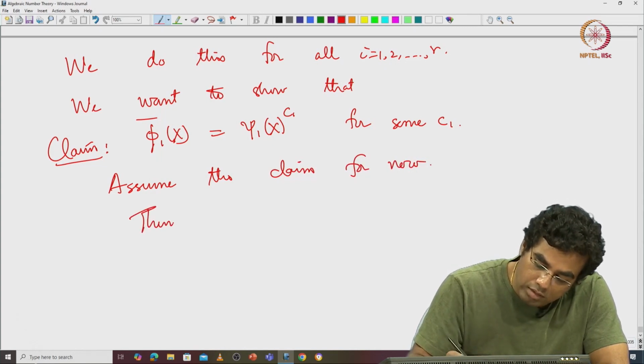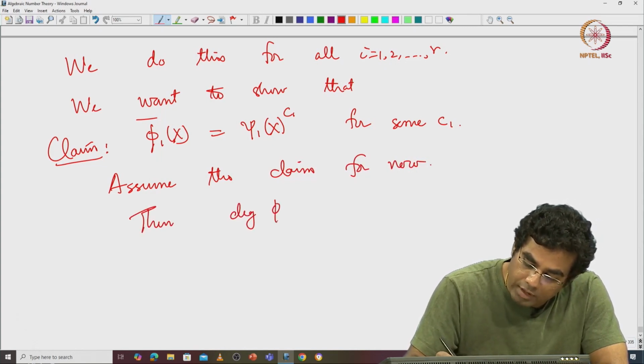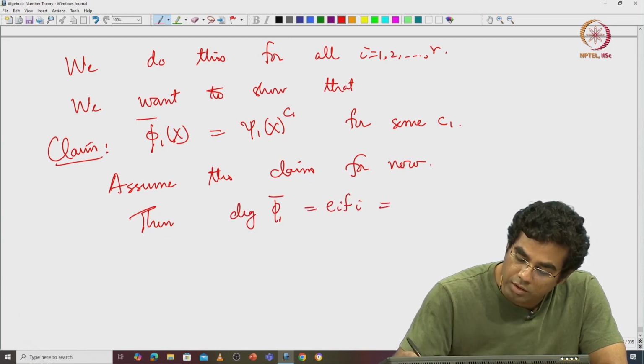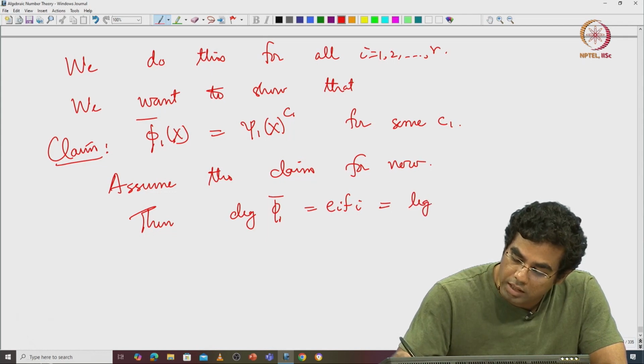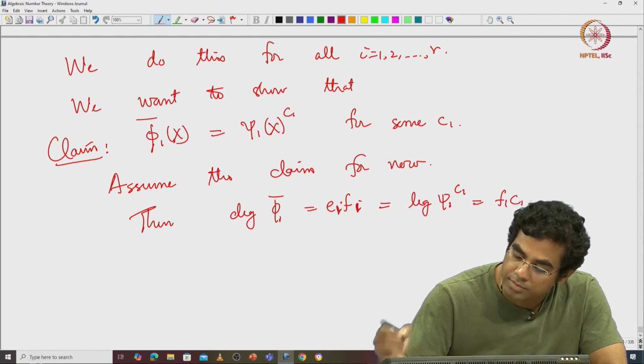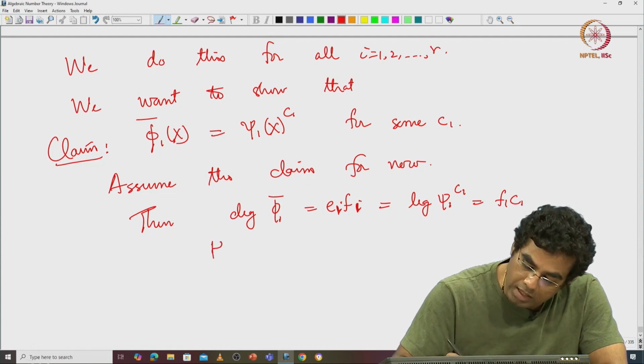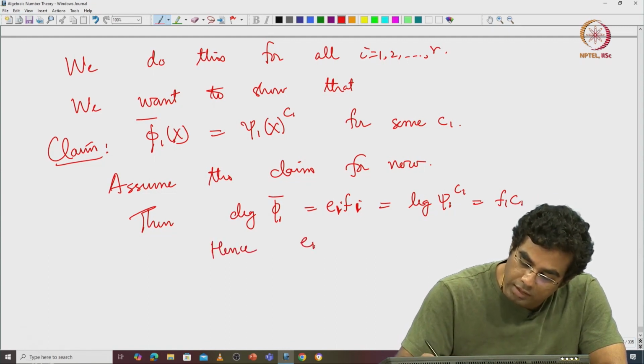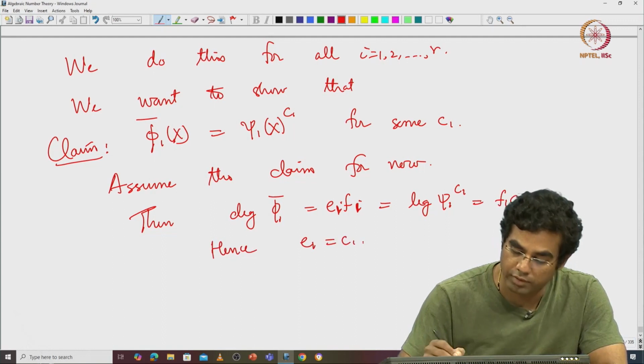Then the degree of phi 1 bar, this is e i f i, is equal to the degree of psi 1 to the c1, which should be f1 times c1. Hence, e1 is equal to c1 and we get what we want.